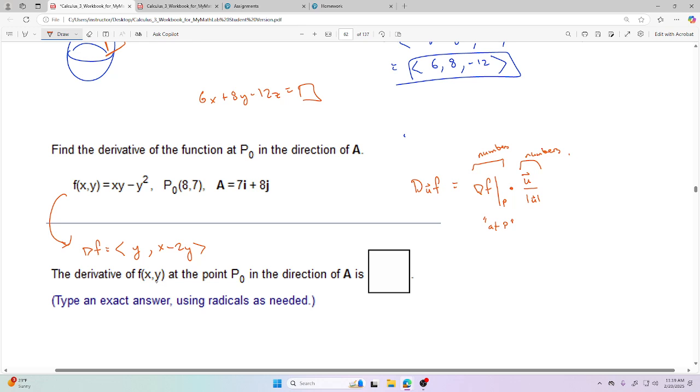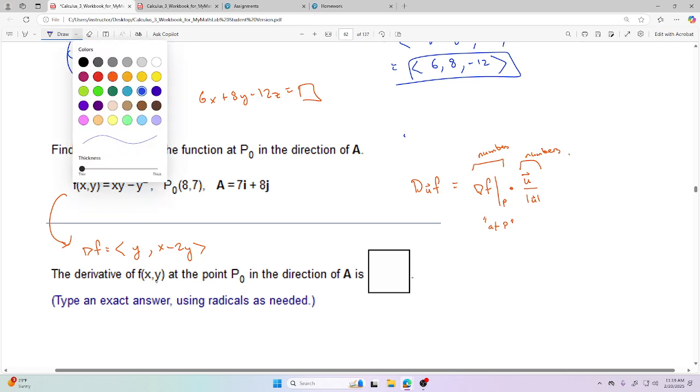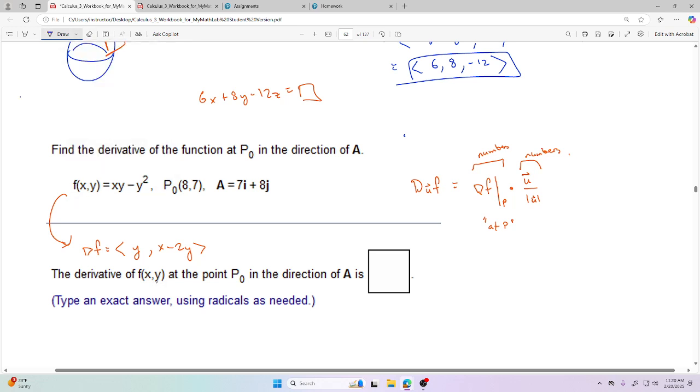I'm going to change my colors. But yes, that's all very good. So I found grad f. But we don't want just grad f. That's going to give us way too many variables, and I don't like that. So I'd rather immediately do grad f at p. Still a vector, but now we're plugging it in.